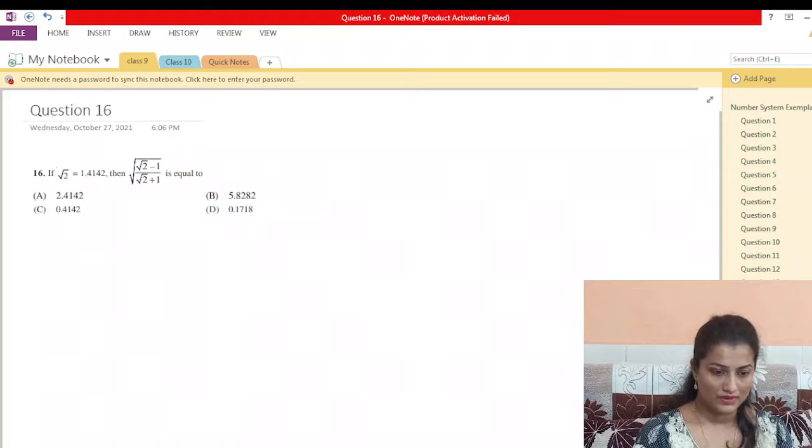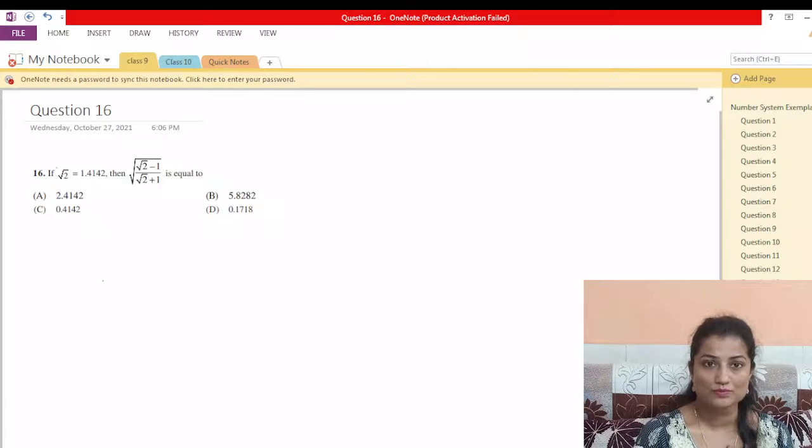If root 2 value is given as 1.4142, then find the value of under root of root 2 minus 1 divided by root 2 plus 1. So this is a typical question. In such questions where values are given, we need to solve the expression first and then put in the value.